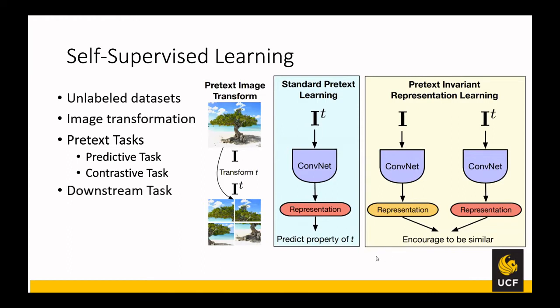The pretext task trains the network to learn a semantically meaningful representation of the input image that can be used in a downstream task. A downstream task is some application that uses the part of the network that creates the representation. So the network should be trained using a pretext task that matches the goals of the downstream task.